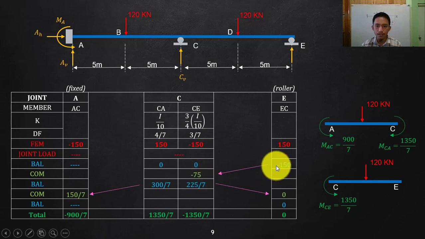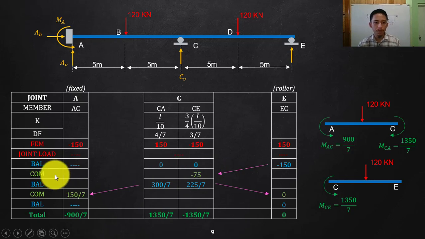Your EC will try to transfer some of that moment to your CE on the other end. Again, that is considered to be fixed since that is continuous, isn't it? So, what is the carryover? 1/2. So, 1/2 of negative 150 will go there to your CE. There are no other existing moments that we will be carrying over. So, that is the only moment that we will be carrying over.